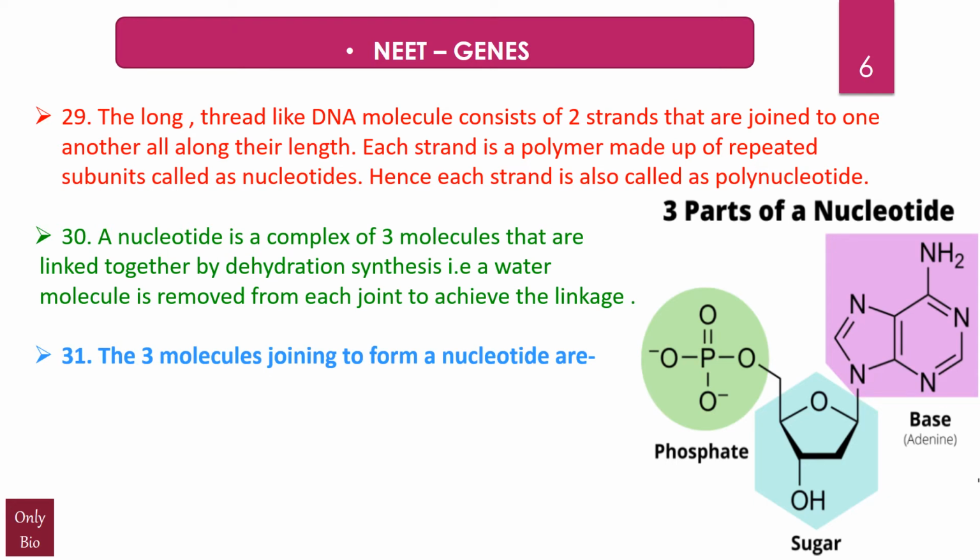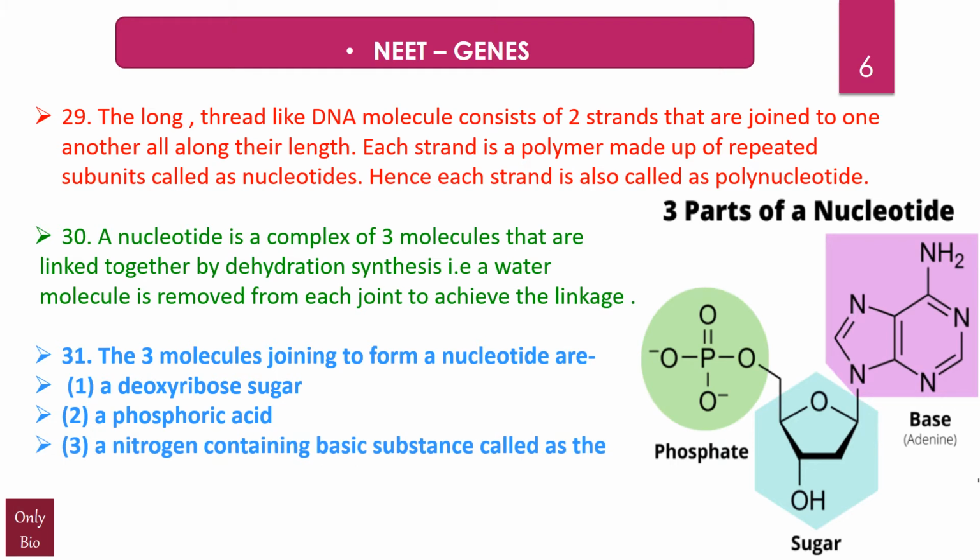The three molecules joining to form a nucleotide are first a deoxyribose sugar in case of deoxyribonucleotide. In case of ribonucleotide, that is in case of RNA, it is a ribose sugar. Second, a phosphoric acid, and third, a nitrogen containing basic substance called the nitrogenous base.